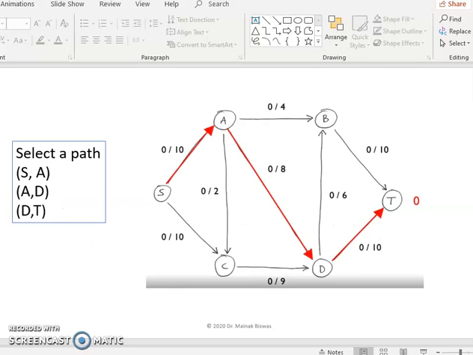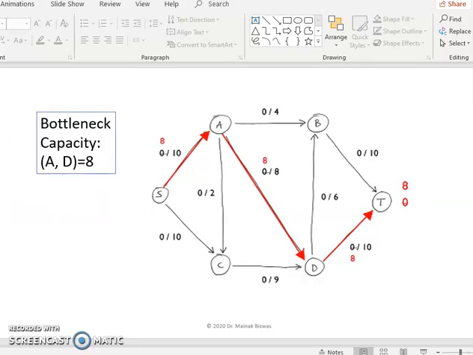So let us take the paths one by one, S to A to D, and D to T first. What is the bottleneck capacity? That is the minimum capacity, the maximum flow that can be allowed in this pipe, which is 8. It cannot be greater than 8 because the maximum capacity of A to D is 8.